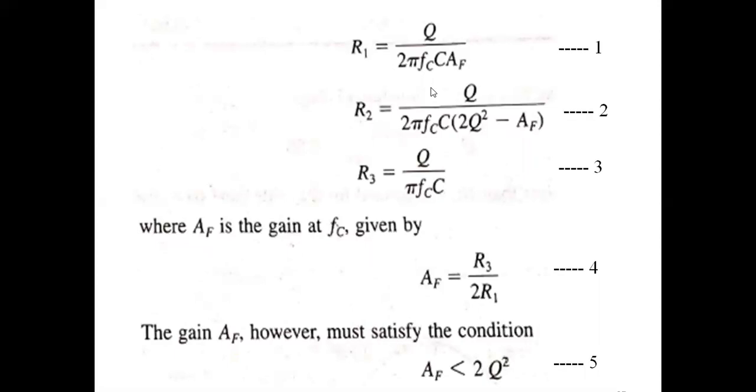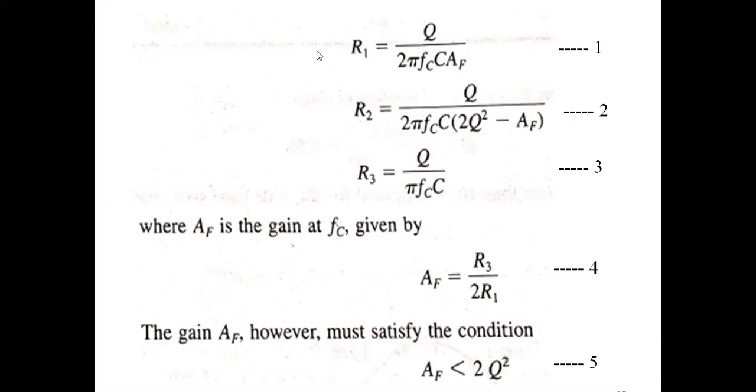There are some relations which have to be understood. We should know how to calculate the values of R1, R2, R3, and how they are related to the quality factor and the gain. They are given by equations 1, 2, 3.